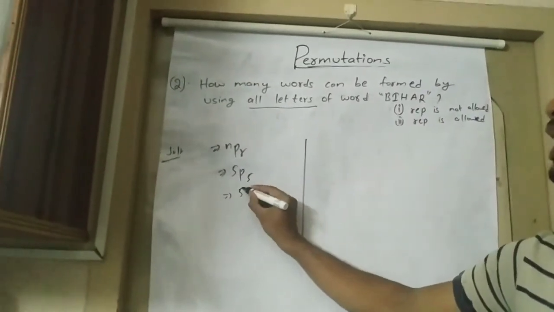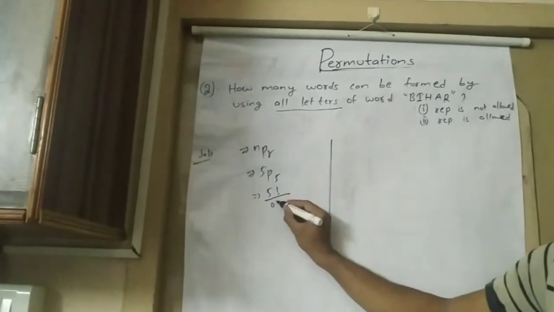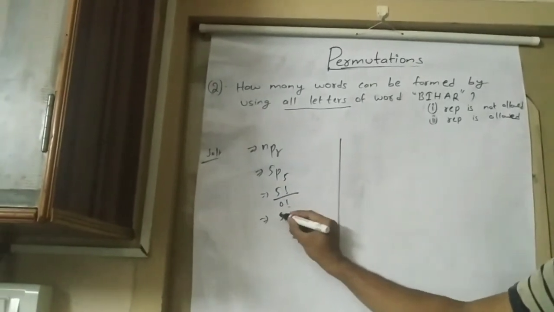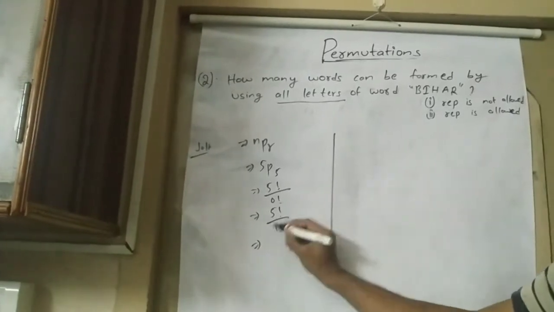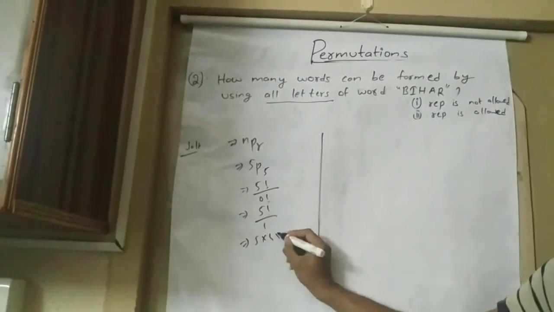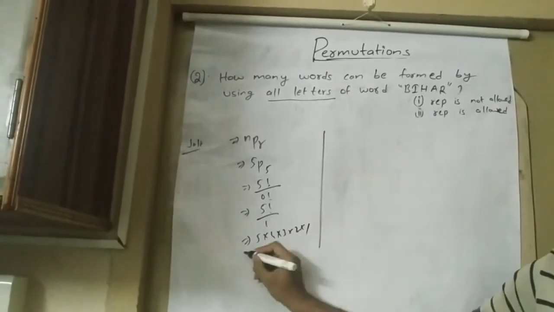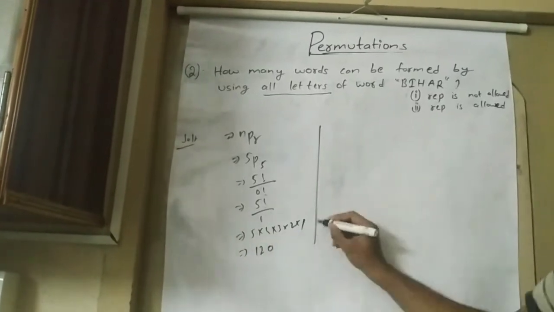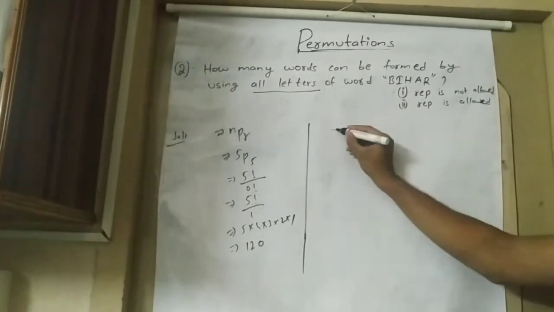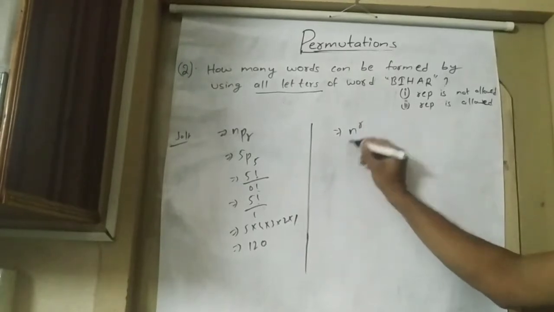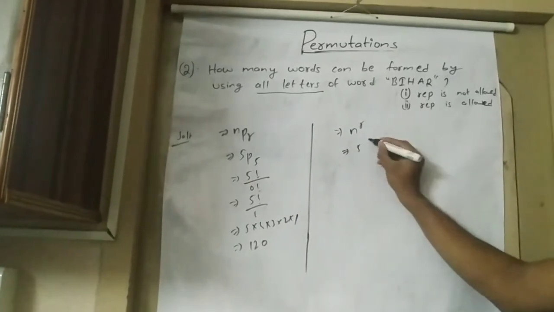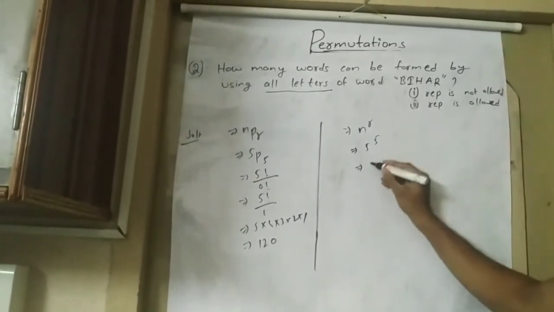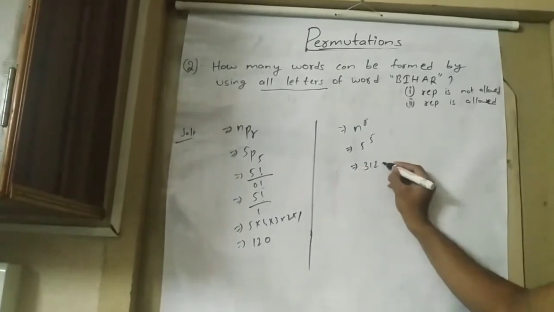That is equal to 5 factorial by 5 minus 5 factorial, that is 0 factorial. That is equal to 5 factorial by 1. 5 factorial means 5 into 4 into 3 into 2 into 1, that is 120. And if repetition is allowed, then it will be n power r. So n means 5, 5 power 5, which is 3125.